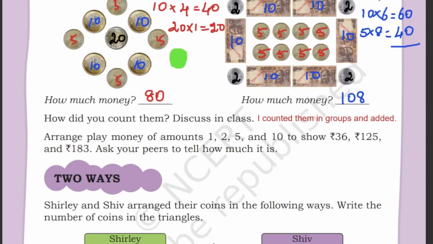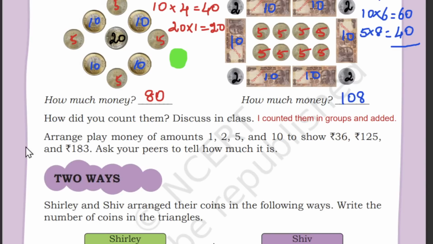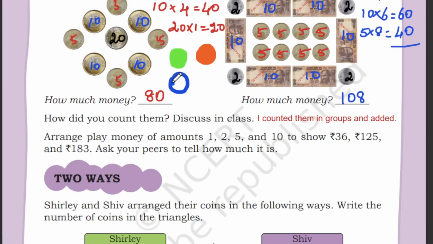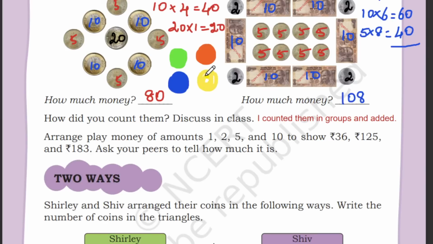And then for 2 rupees I'll take orange. So this is 2 rupees. And then 5 rupees I'll go for blue. So blue is 5 rupees. And 10 rupees I'm going with yellow color. Yellow color is 10 rupees.